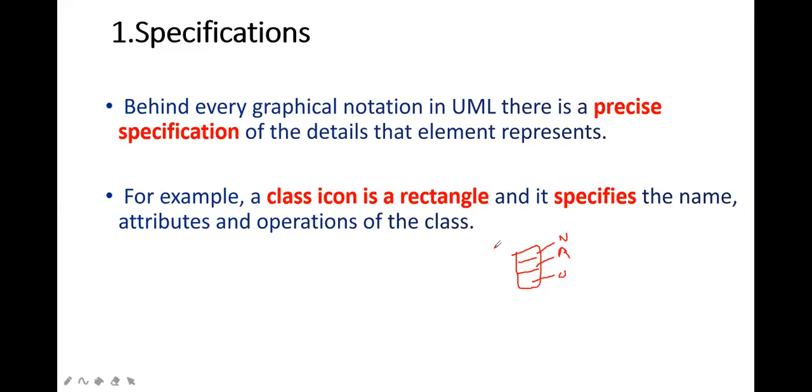So these are the specifications, so that we can graphically understand the name, attributes, and operations of this particular class. We are giving precise information about the element which we are representing.